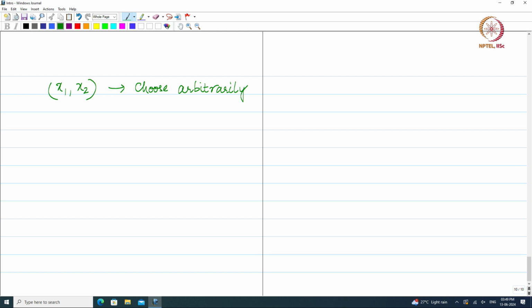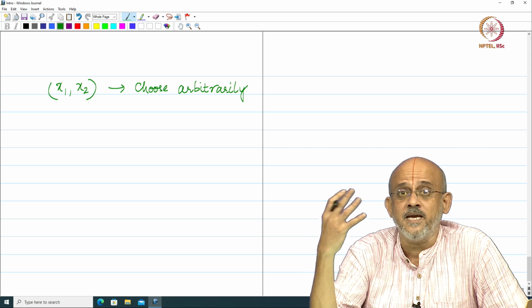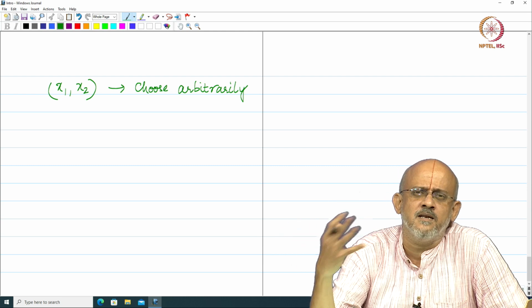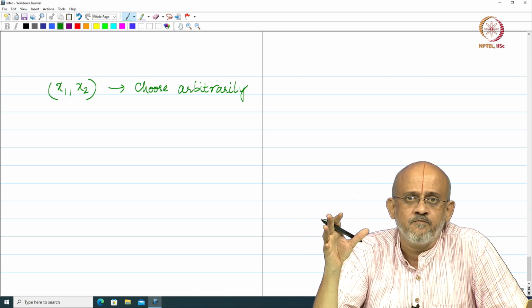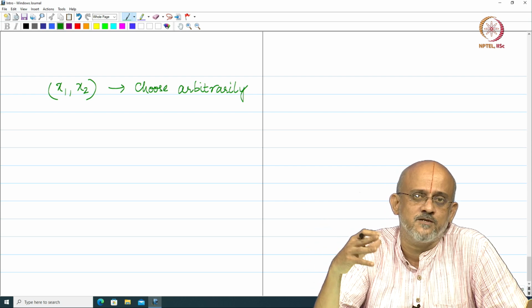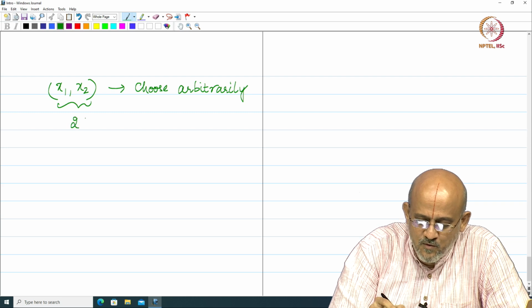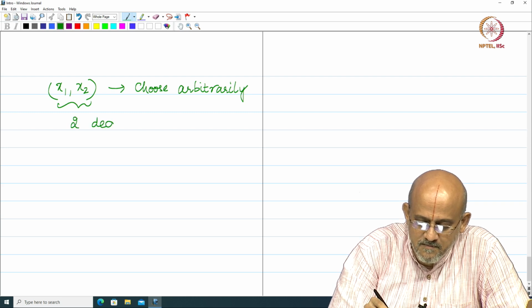How many options do we have? I can choose x1 to be any value, I can choose x2 to be any value, which means I have no restrictions on x1 or x2. I can choose any real number that I want. There is no constraint on the set of values that x1 and x2 can assume, which means this is equivalent to saying I have 2 degrees of freedom.